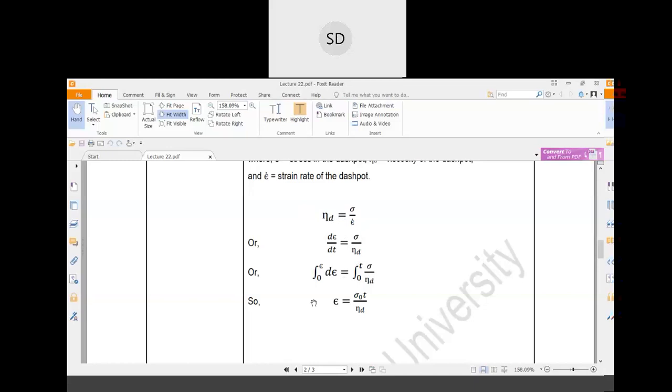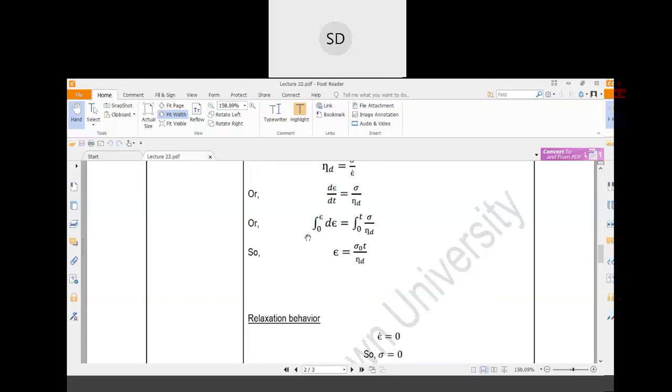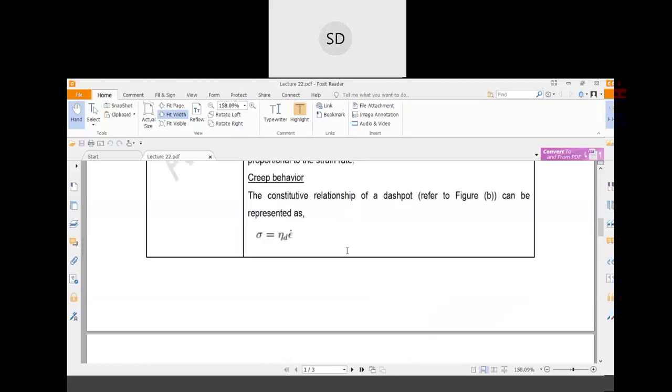If you integrate this, you will find epsilon equal to sigma 0, which would be constant, divided by your nd value. So basically that is your strain in case of creep behavior.